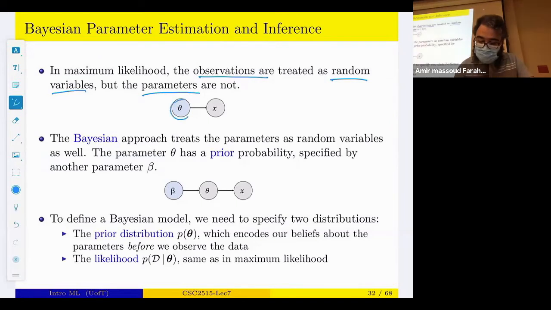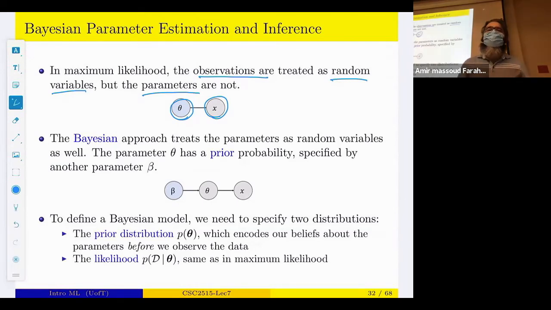So there is this theta, the true theta, that we don't know what it is. This is the probability of having head, for example, in the coin example. And we are observing some samples coming from the distribution specified by theta. So we observe head, tail, something like that.